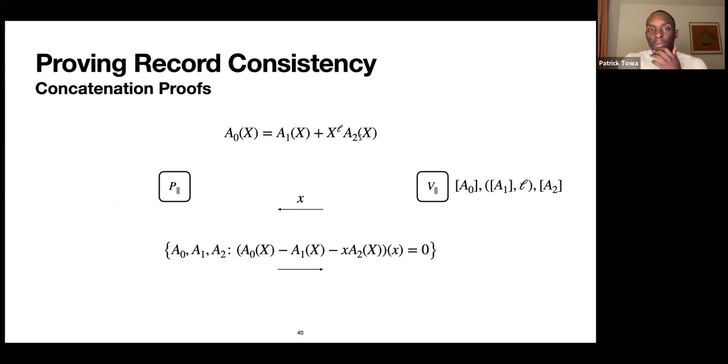So you want to prove this equation when you're given these commitments. You know the coefficients of the polynomials A0, A1, A2. If the verifier first picks an x randomly, then this polynomial, when I evaluate it at x, is 0. As simple as that. And you can use KZG for this, for instance, to prove.